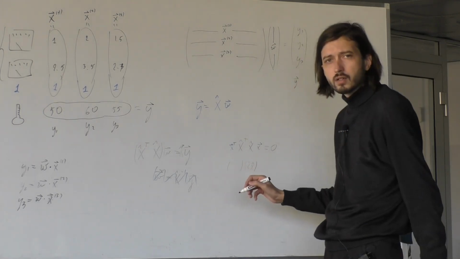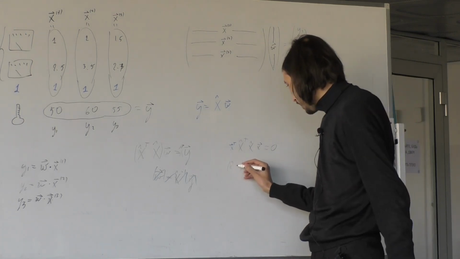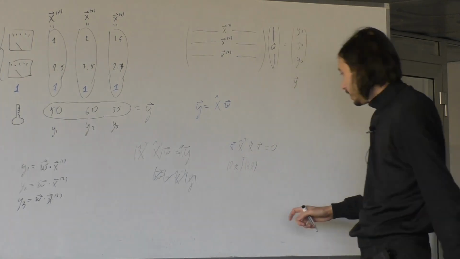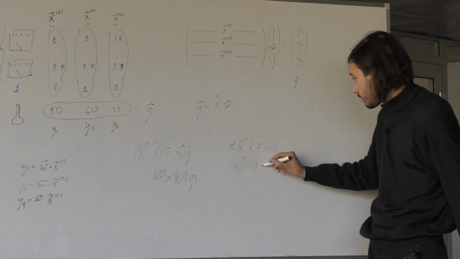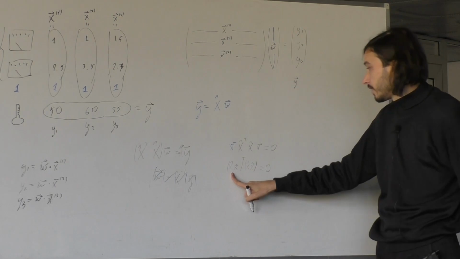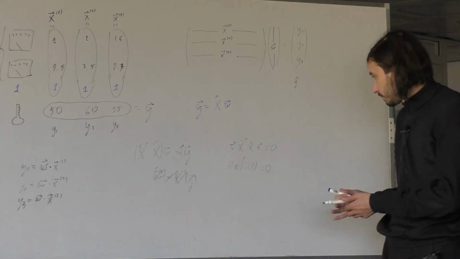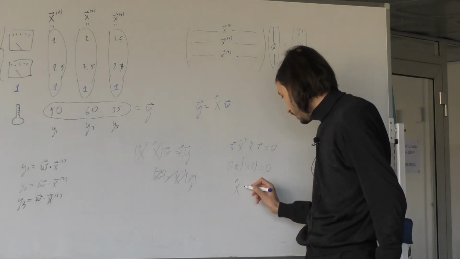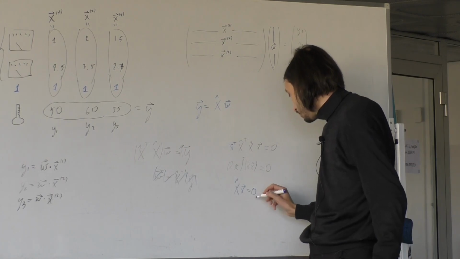You see that this is some vector, and this is the same vector transposed, so this means that x times x equals 0.